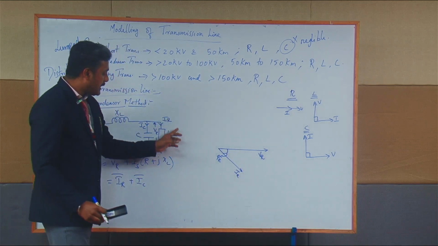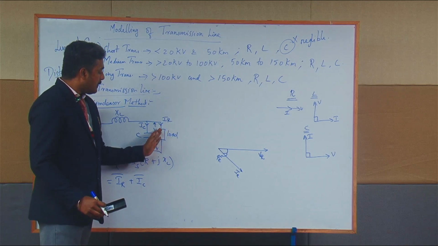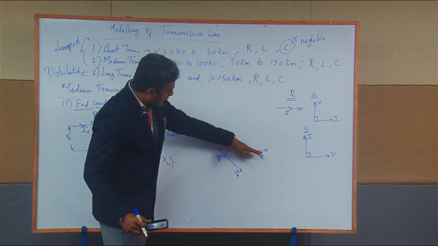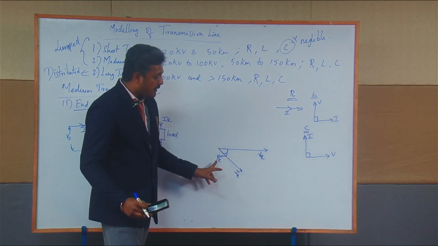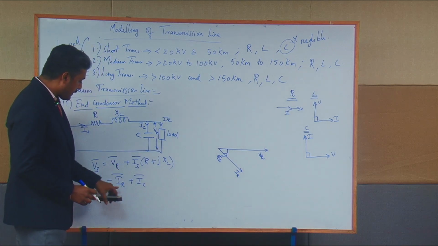Since it is a predominantly inductive load, but not a pure inductive load, we can take the current as lagging the voltage by the angle phi R. Now you have drawn the IR vector.